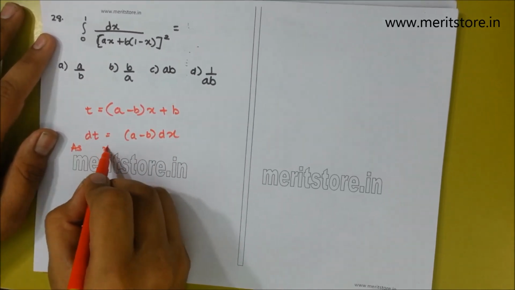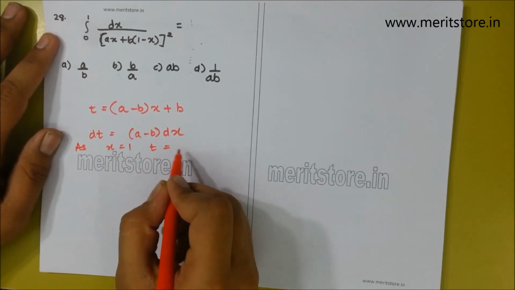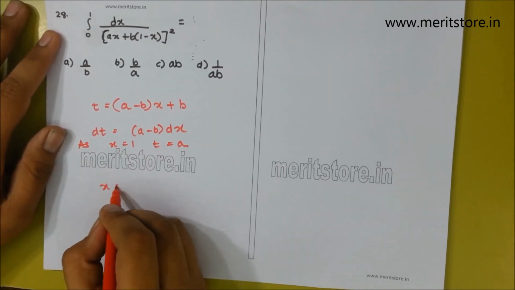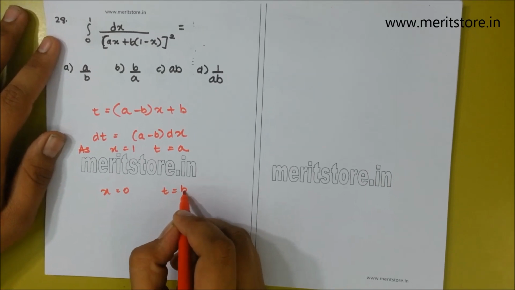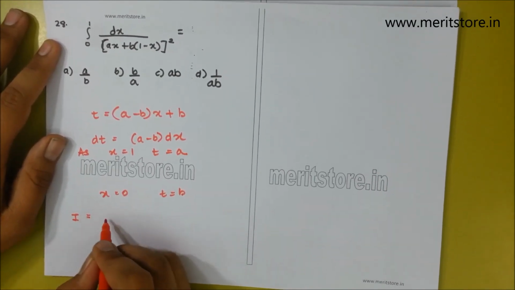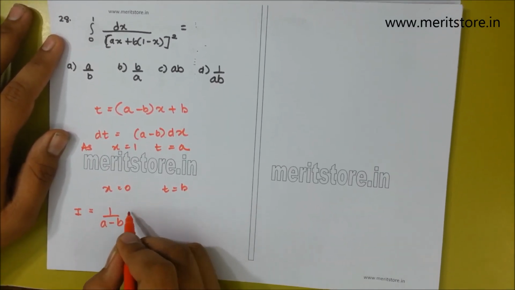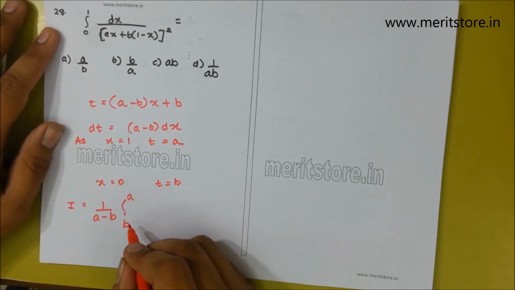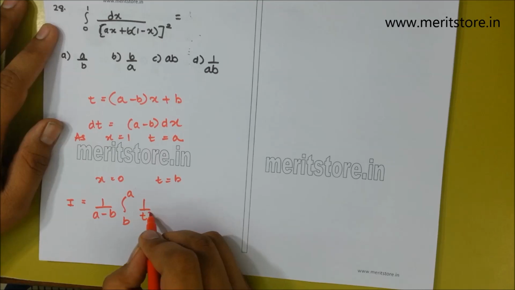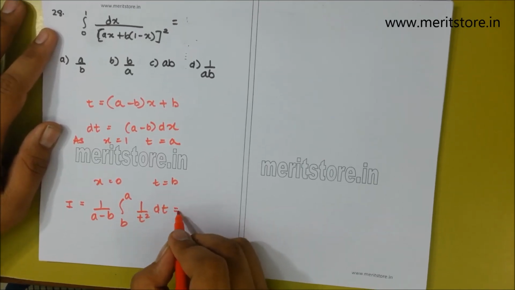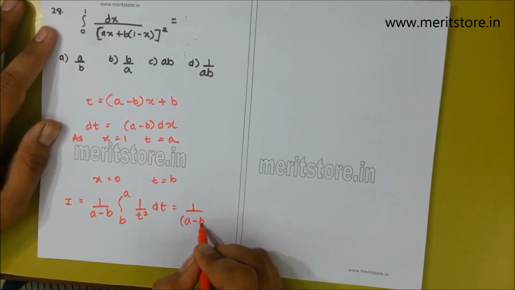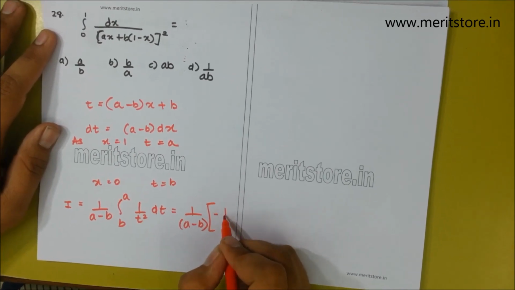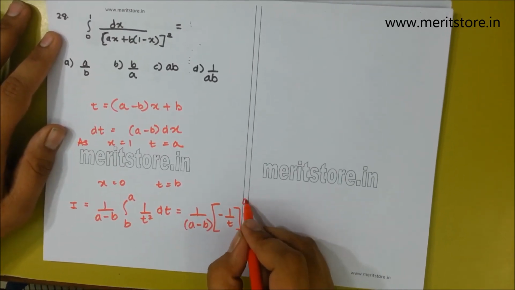So as x is equal to 1, t is equal to a, x is equal to 0, t is equal to b. Then I is equal to 1 upon a minus b from a to b, that is lower limit to upper limit b to a, 1 upon t square dt, which is 1 upon a minus b minus 1 upon t from a to b.